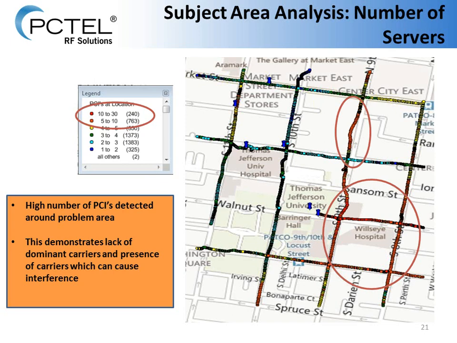This demonstrates a lack of dominant carriers and the presence of many carriers, which can cause a lot of interference. If you look at what's circled in red, we're seeing anywhere from 10 to 30 PCIs in this very small area, which indicates that this may be a problem because we had some dropped sessions here. Our first indication is that it's probably caused by not having a dominant carrier in this location.